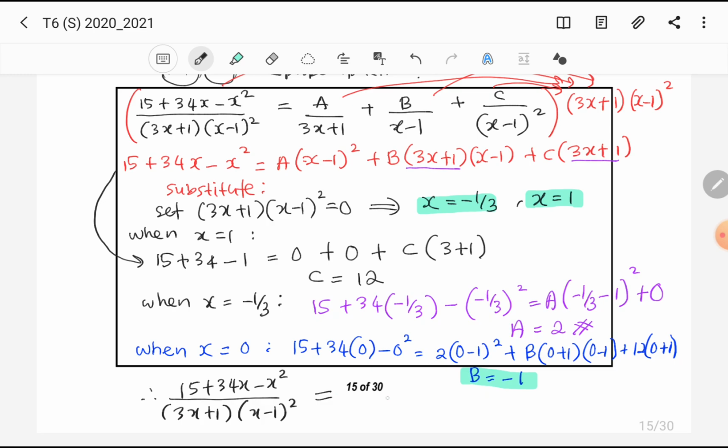A, 2. So, 2 over 3x plus 1. Okay, next. B kita negative 1 over x minus 1. And our C is 12. So, 12 over x minus 1 square. Okay, settle for this question.